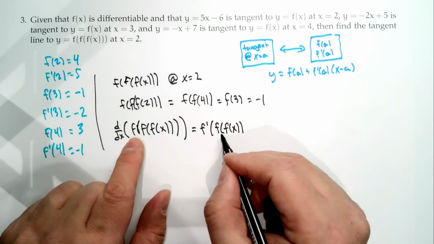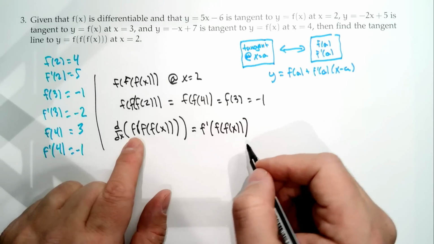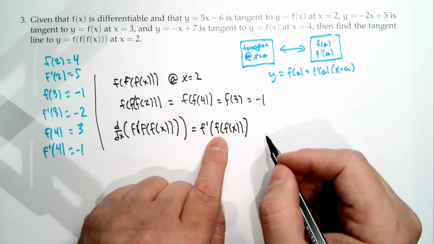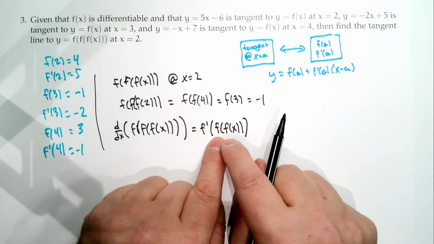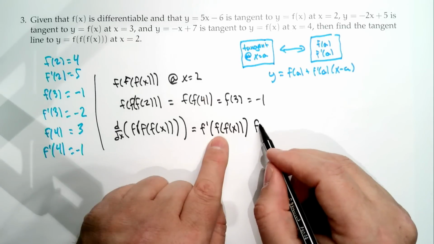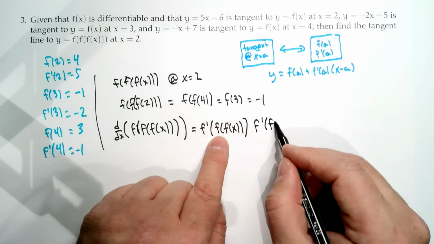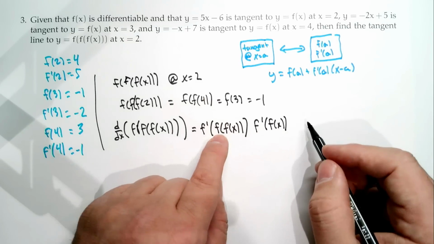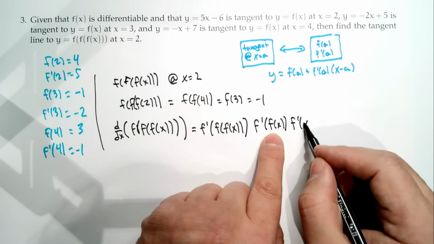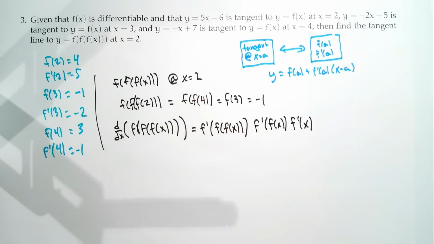So that's still f of f of x. Now, go and say, what's inside of what you just took the derivative of? In other words, I need to take the derivative of the inside part. That would be f prime. Leave the inside of that alone. But now multiply by the derivative of that inside, and that would be f prime of x. So this is chain rule and being very patient, working through it one layer at a time.